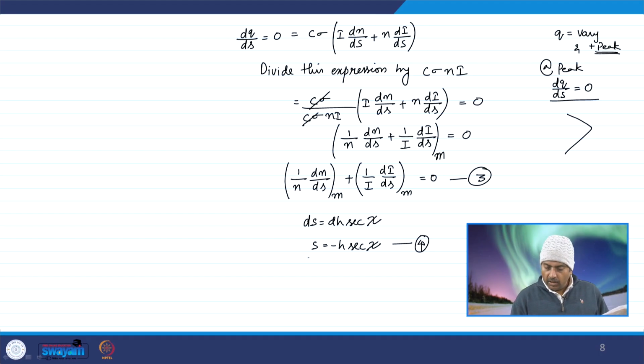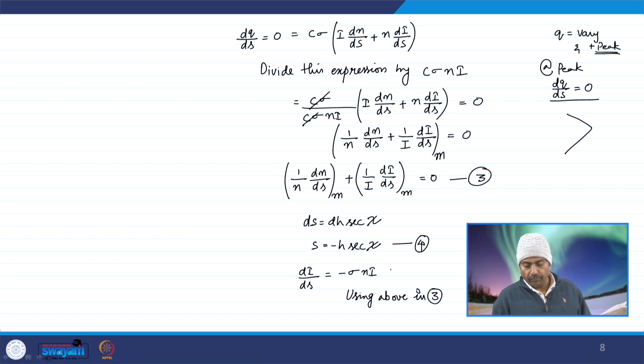So, we already know dI by ds from equation number 1 as minus sigma n I. So, I can use this, using the above equation number 5 in 3.